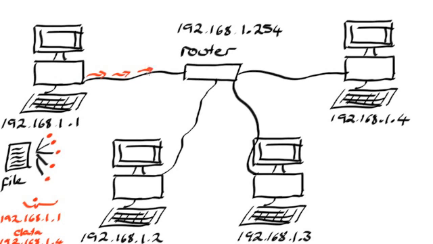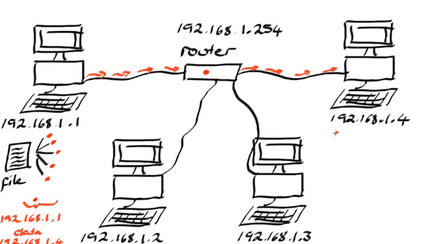The packets are going to get sent along the cable to the router, and when it gets to the router it is going to be able to look at the packet and say, this one's destined for 192.168.1.4. So the router will forward that packet on along the wire over to the computer. Now each of the packets is going to follow exactly the same route.